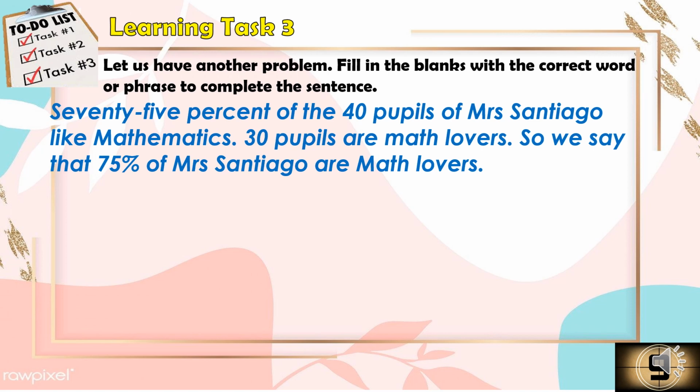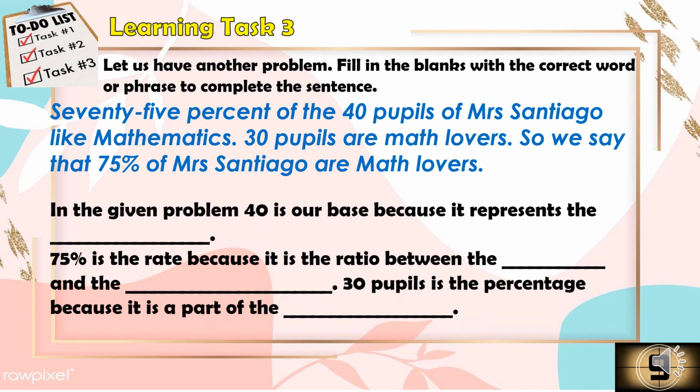So we say that 75% of Mrs. Santiago's pupils are math lovers. In the given problem, 40 is our base because it represents the blank. 75% is the rate because it is the ratio between the blank and the blank. 30 pupils is the percentage because it is part of the blank.